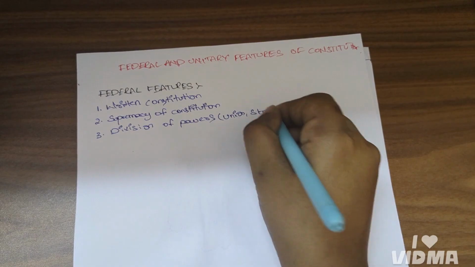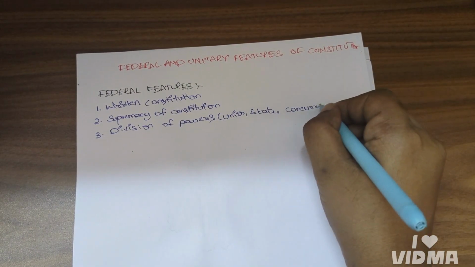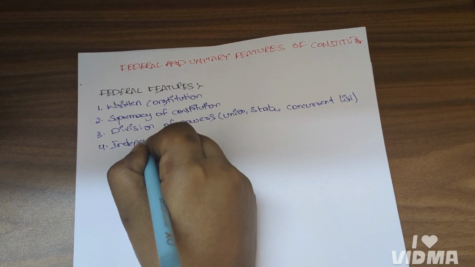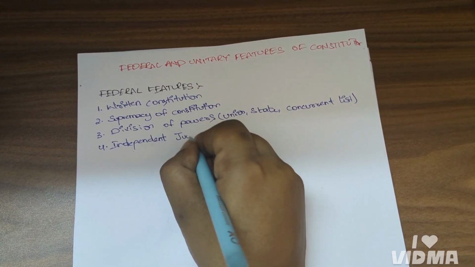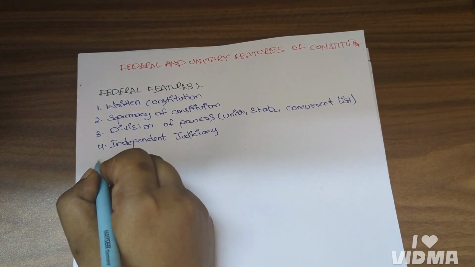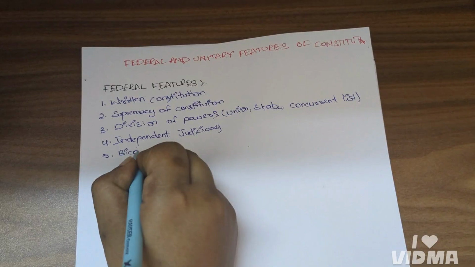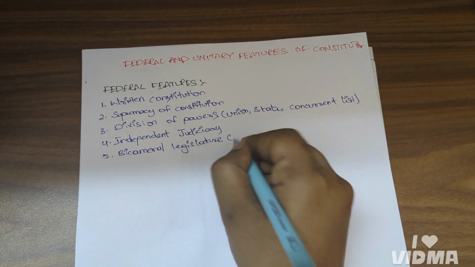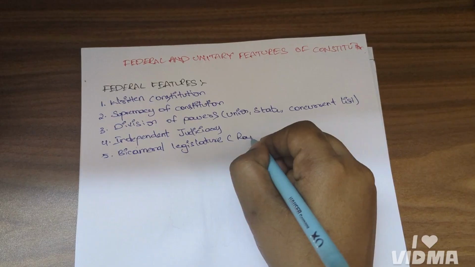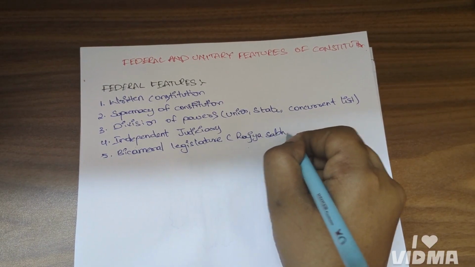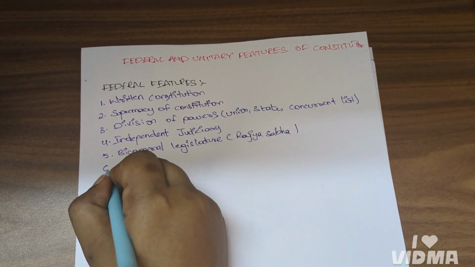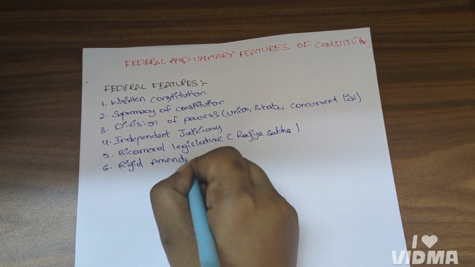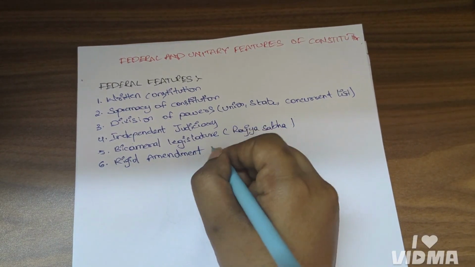Another unique federal feature is independent judiciary. The fifth feature is bicameral legislature. Rajya Sabha represents states in the upper house. The sixth feature is rigid amendment. It's like partly we can amend. That is the federal feature.